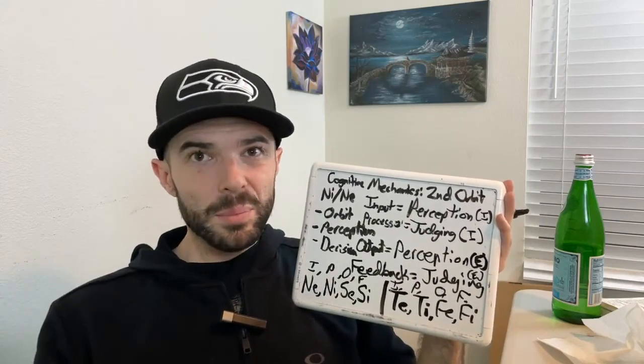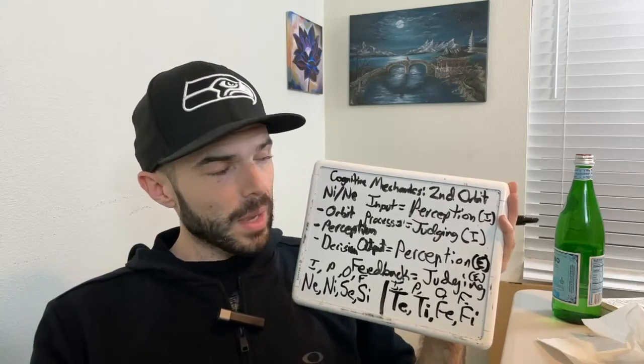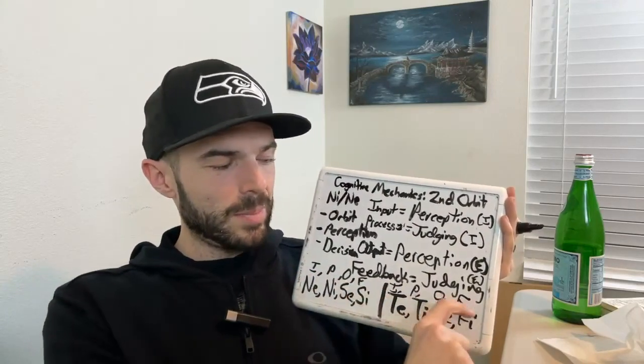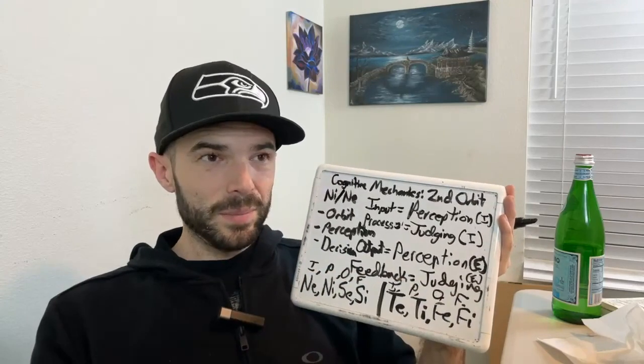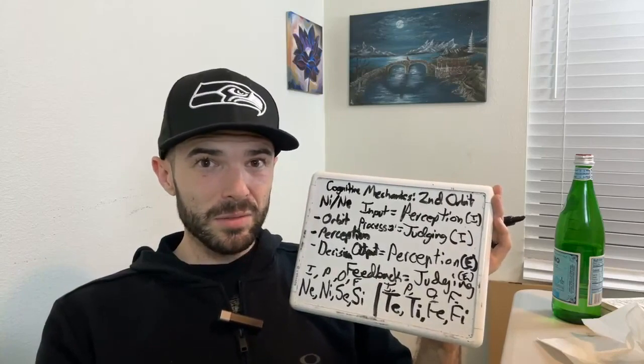And again, it follows the input, process, output, feedback model on a consistent basis. But if we're just going to look at individual functions, they'll have these behaviors here. But again, it's all very dynamic, very dynamic.